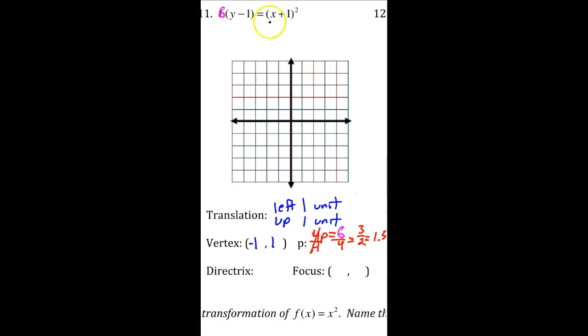So we can start at our vertex at left 1, up 1. We're going to go, opening up, so the directrix is below, down 1.5. So down 1, and then another 1/2 would be right here.